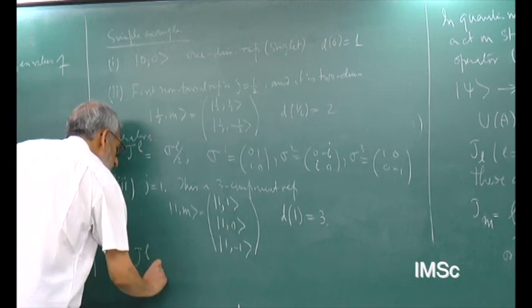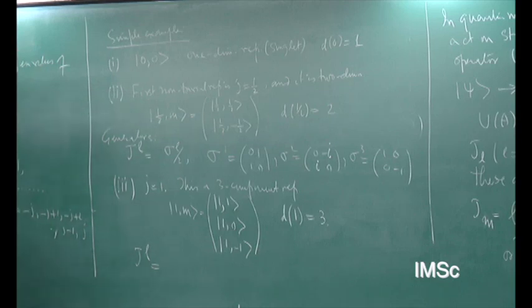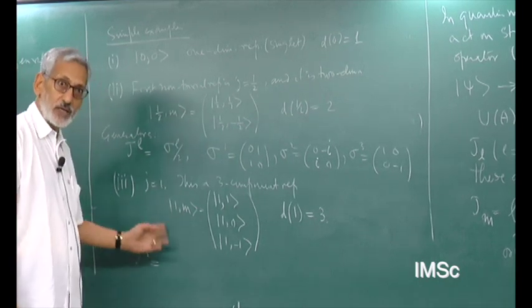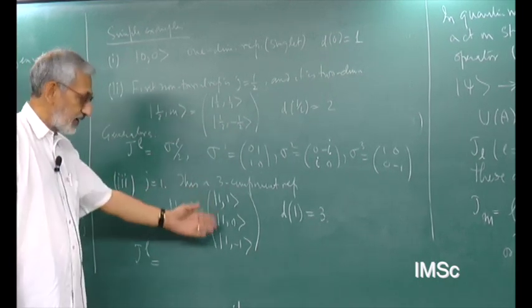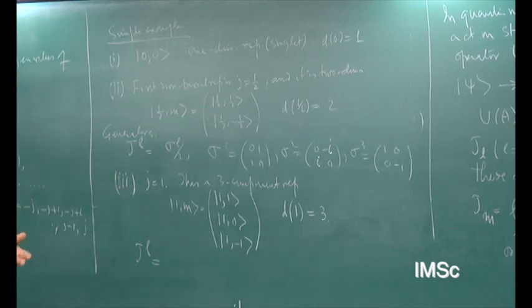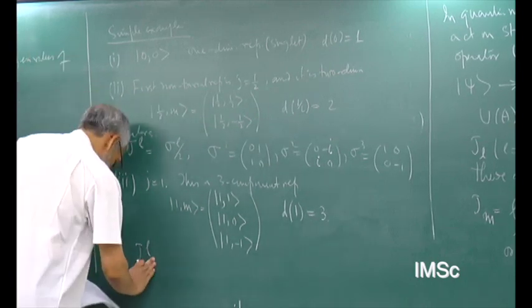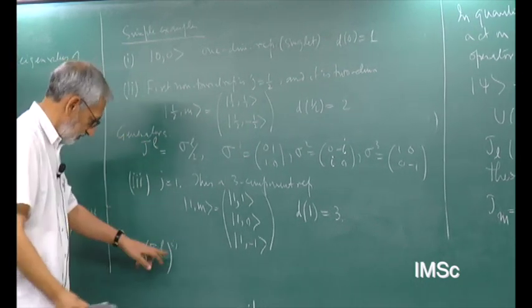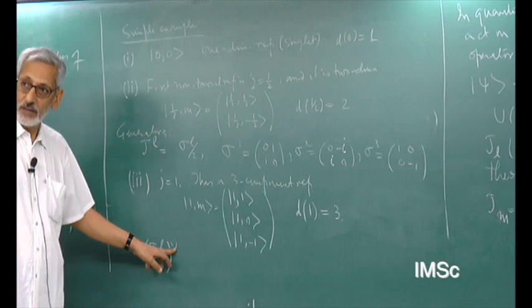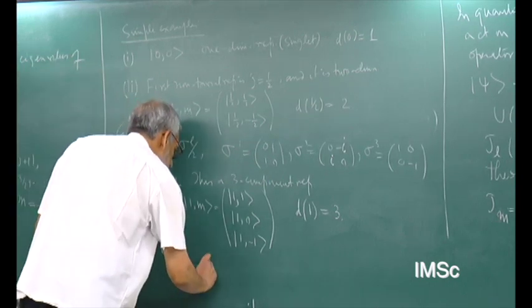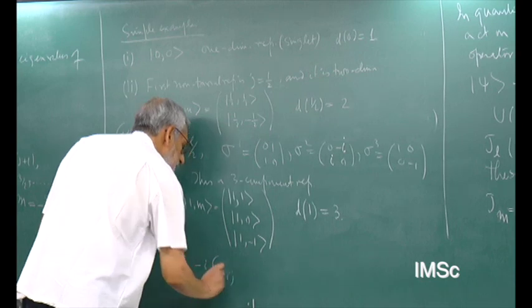And what are the generators in this representation? Generators would be three generators, L equal to 1, 2, 3, J1, J2, J3. And since it is a three-dimensional representation, there will have to be 3 cross 3 matrices. Those 3 cross 3 matrices are JL with components ij, each one of them running from 1 to 3. The matrix element is equal to minus i epsilon Lij.